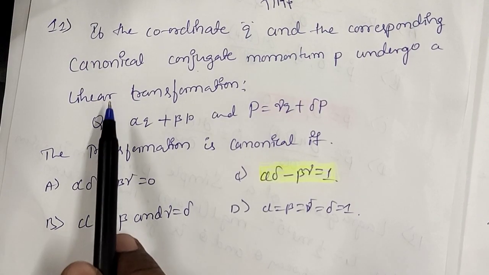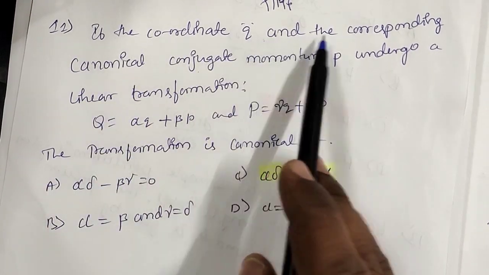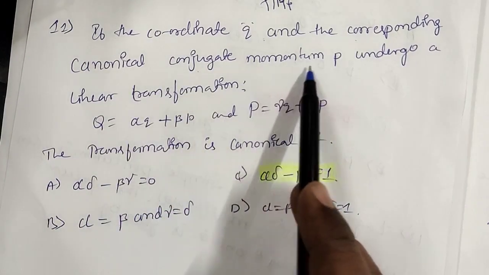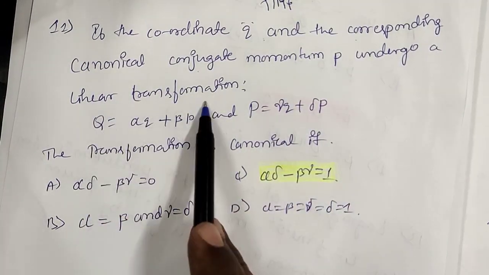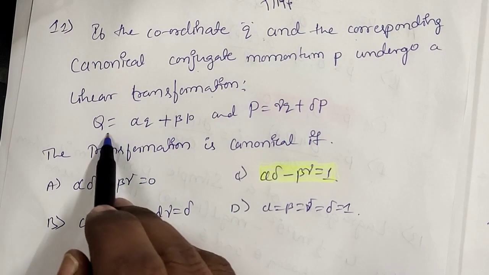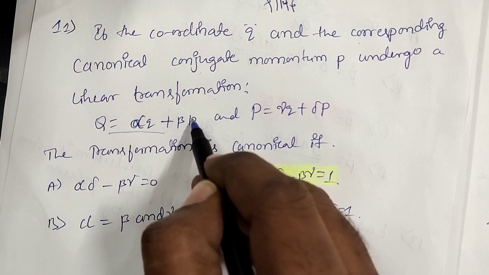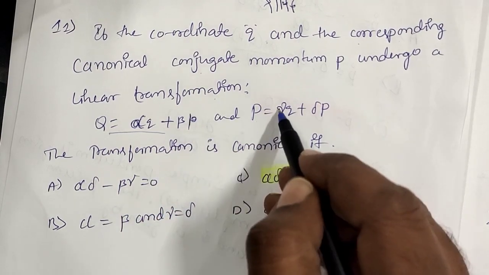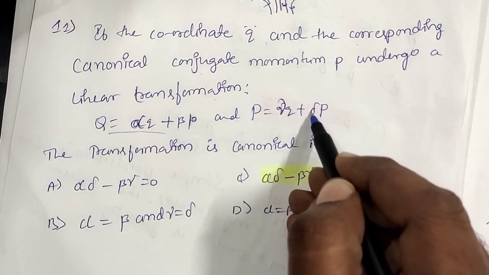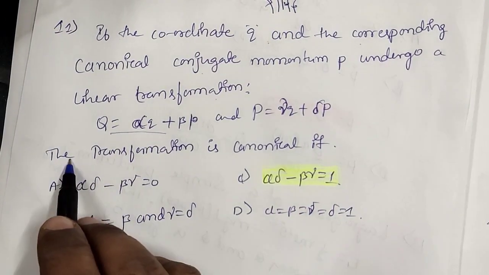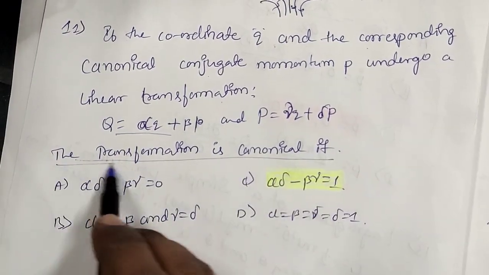Next question is, if the coordinate q and the corresponding canonical conjugate momentum p undergo a linear transformation, so then Q is equal to alpha q plus beta p, and P is equal to gamma q plus delta p. So the transformation is canonical if.